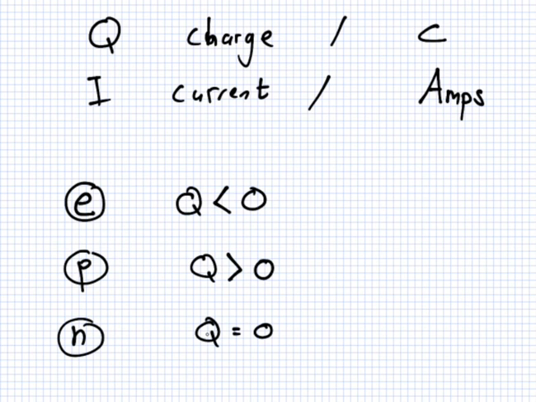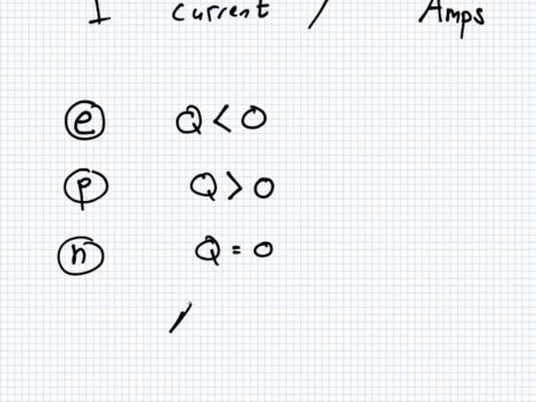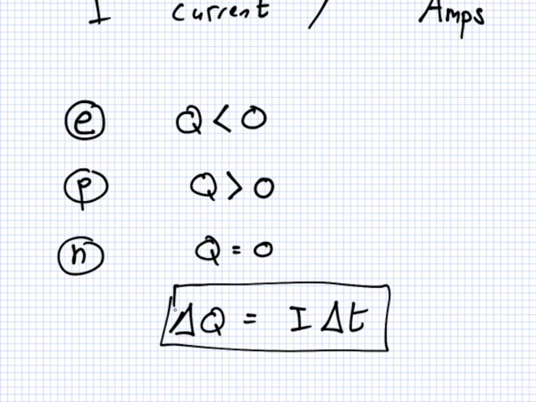So, for example, with an electron, the charge is negative, and with a proton, the charge is positive, and with a neutron, the charge is 0.